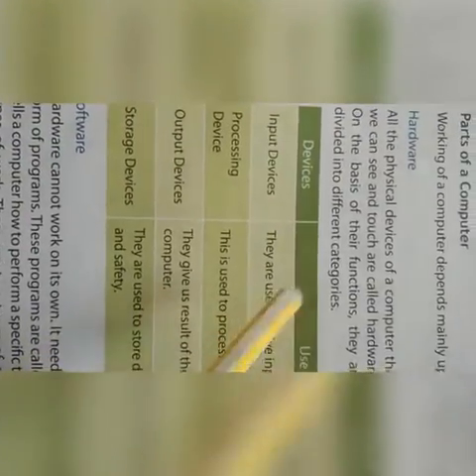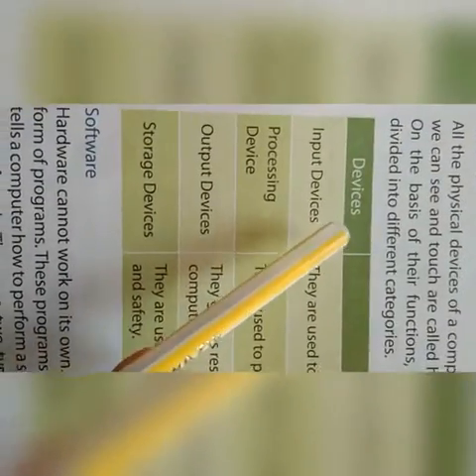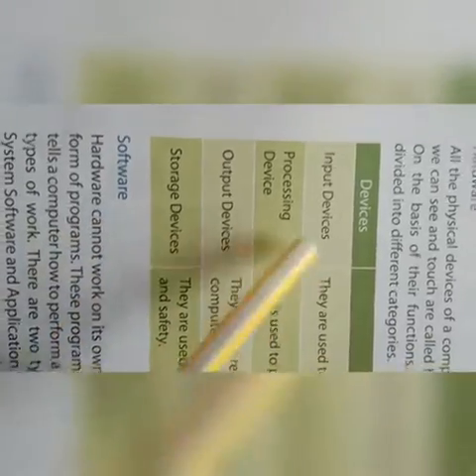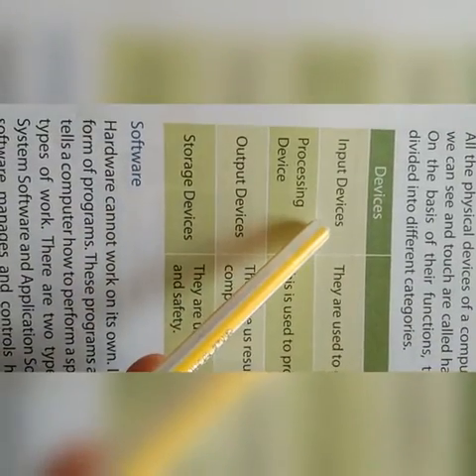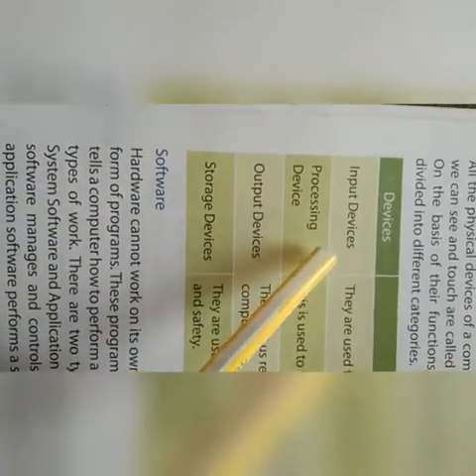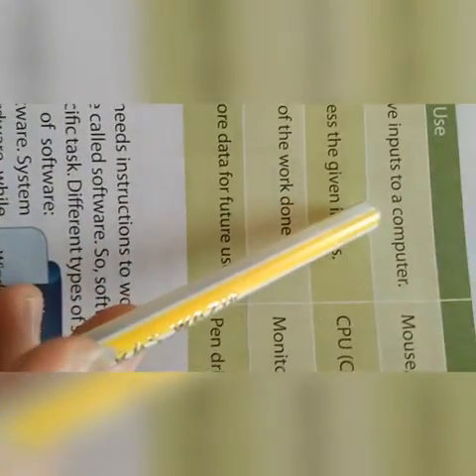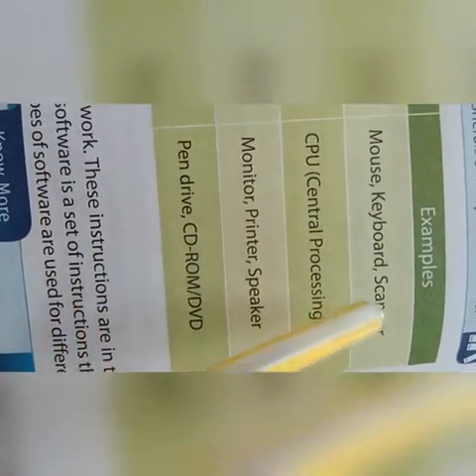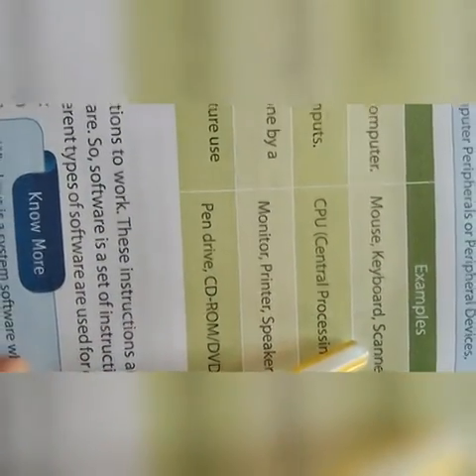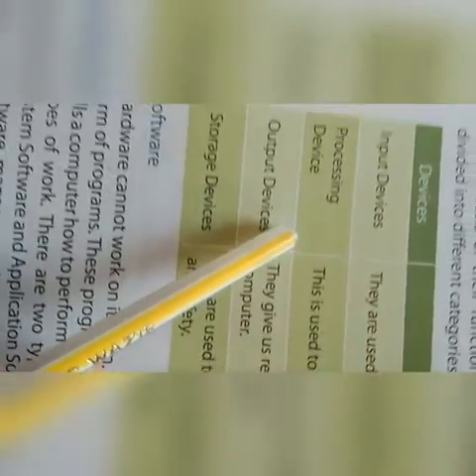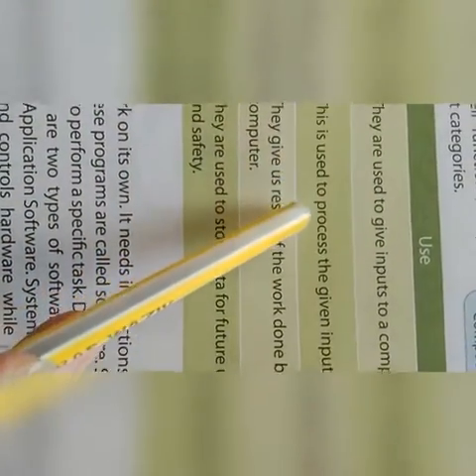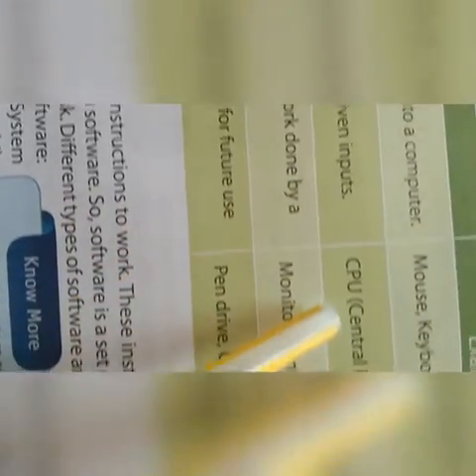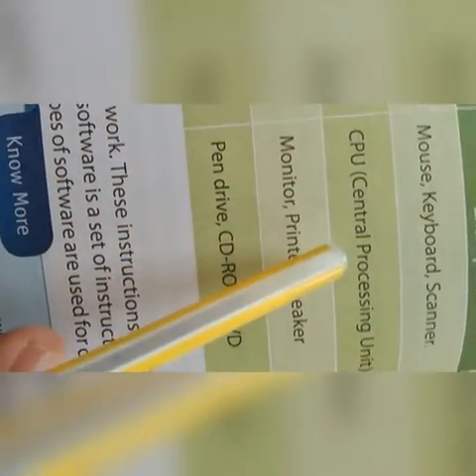Now we will go through the different categories. Hardware is divided into input devices, which are used to give input to a computer, and the input devices are mouse, keyboard and scanner. Second, the processing unit, which is used to process the given input, that is the CPU, full form central processing unit.